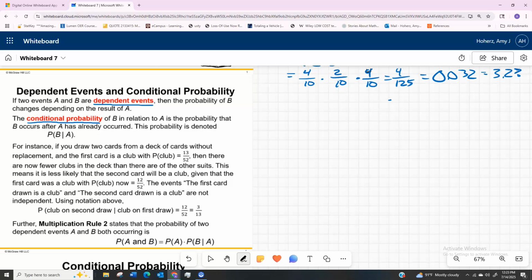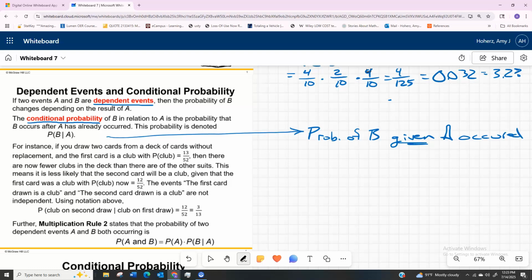So the probability of B given A means the probability of B given A has already occurred.